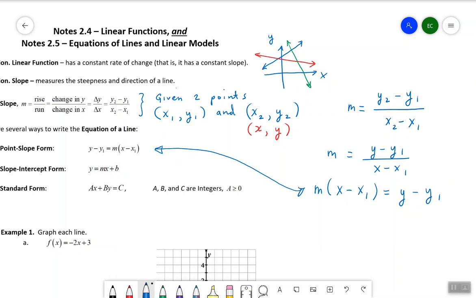Okay, so then let's look at the slope-intercept form. With slope-intercept form, we're going to replace the particular point x1, y1, that could be anywhere on the line, with a very special point on the line, which is the y-intercept. We're going to choose that fixed point so that the x-coordinate is always 0. We could still call it 0, y1, but we shouldn't do that.